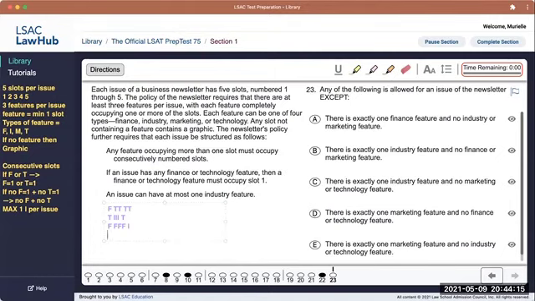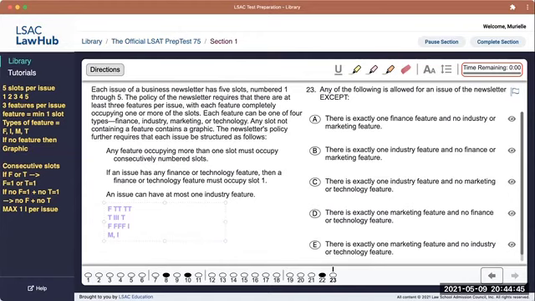Answer choice D, there's exactly one marketing feature and no finance or technology feature. So we have marketing and we have just one. And then we don't have finance and we don't have technology, which means we would have to have industry as well. But the problem with that is we have a maximum of one industry per issue. So if we only have one marketing and one industry, how are we going to reach the minimum of 3 features per issue?